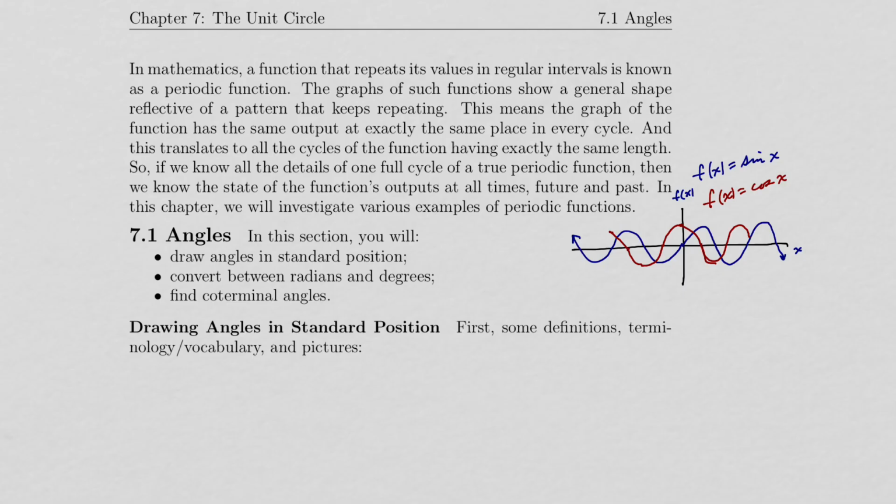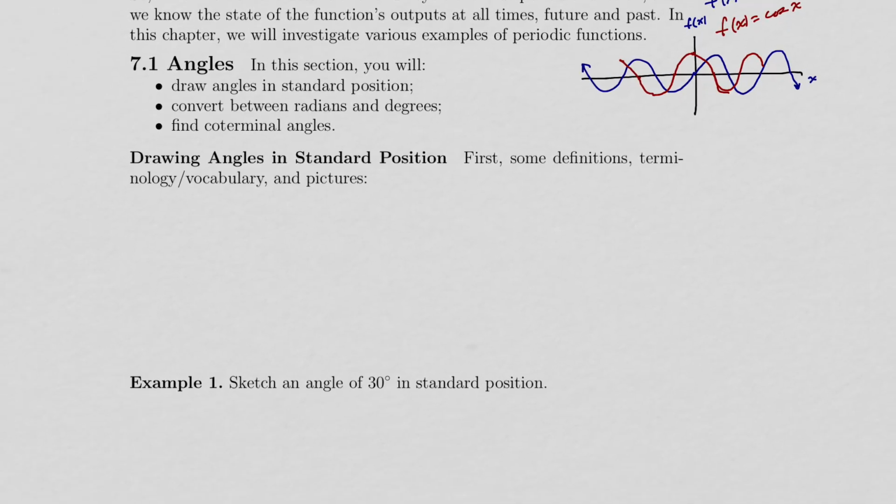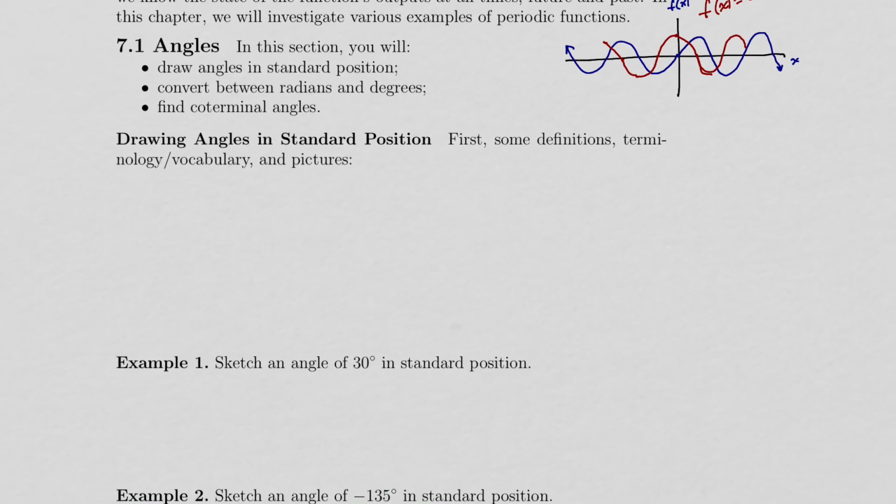Okay, so let me begin by talking about angles and giving some definitions. And then later we'll talk more specifically about the sine, cosine function, and other trig functions. So first of all, let me start by defining a ray. A ray is a directed line segment. You can think of it as an arrow.